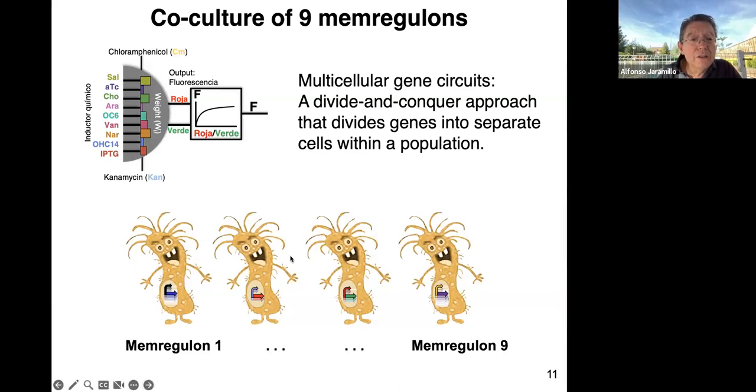So here we have this type of OR system, where you have all these inducers, and as output red fluorescence and green fluorescence. When we analyze the data, we apply a nonlinear equation.